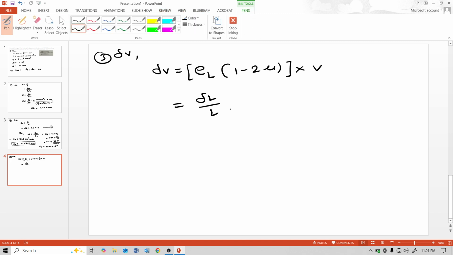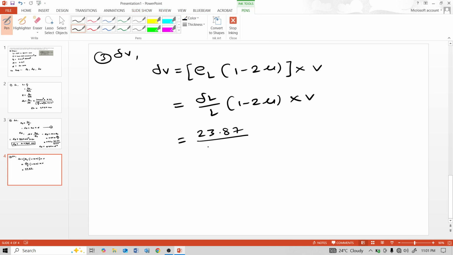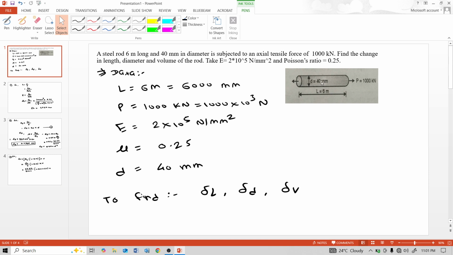So change in length upon original length into 1 minus 2 mu into volume. Change in length is 23.87 divided by original length 6000 into 1 minus 2 into Poisson's ratio 0.25, multiplied by volume of that steel rod.